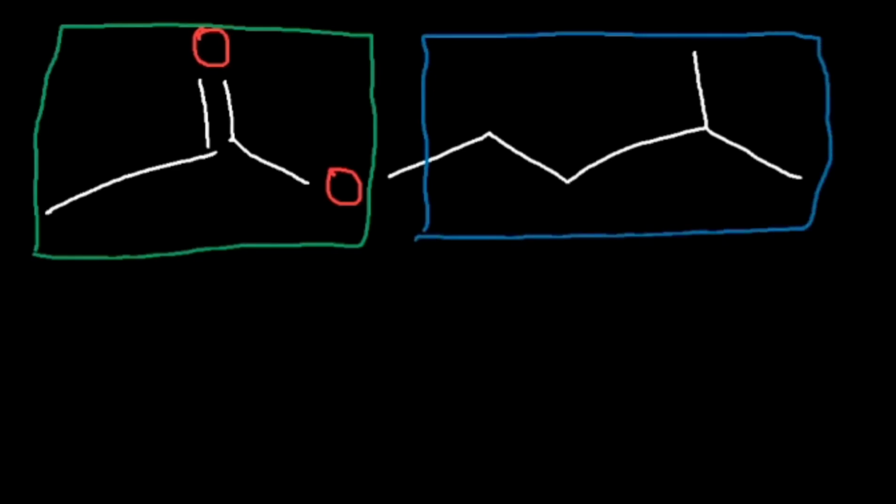So let's name the right side first. Since it's a complex substituent, we need to count the longest chain, which is 4 carbons. And we have to deal with this methyl group on carbon 3. Now, for a 4-carbon chain, instead of saying butane, it's going to be butyl. But we have a methyl on 3, so it's going to be 3-methyl butyl.